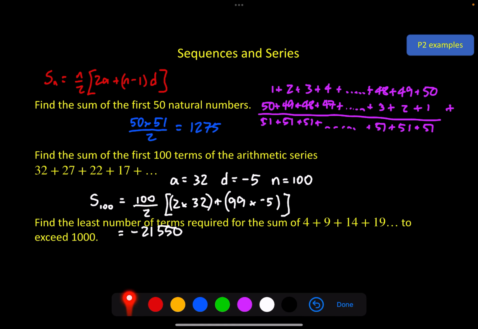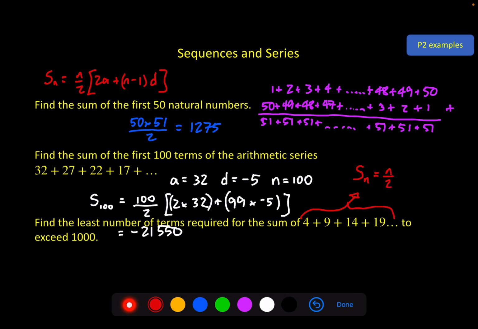Oh, I've gone over. Okay, find the least number of terms required for the sum of this to exceed 1,000. Now this is one of those sneaky little inequality questions. So we're going to find the sum of this. Well, let me just write that over here. The sum is going to be taken from our formula up on the top left. n divided by 2.